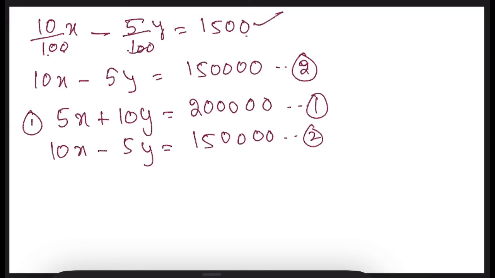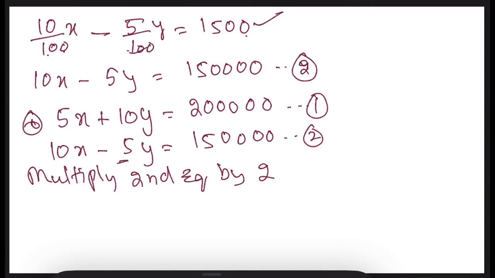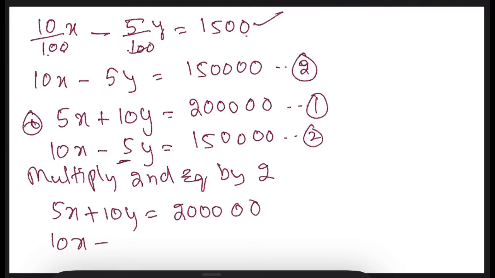Now we want to eliminate y. So what should we do? Multiply the second equation by 2 so that it will become 10. So first equation: 5x plus 10y equals 200000.